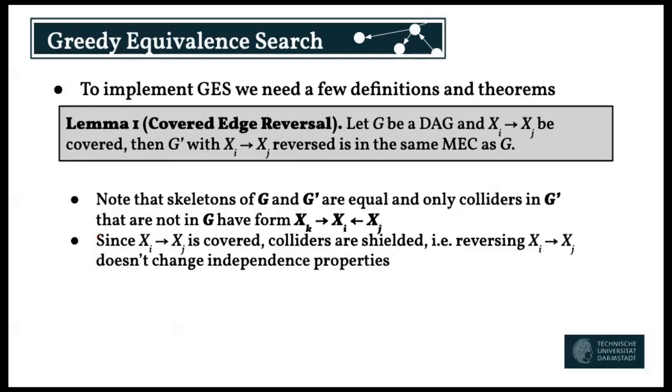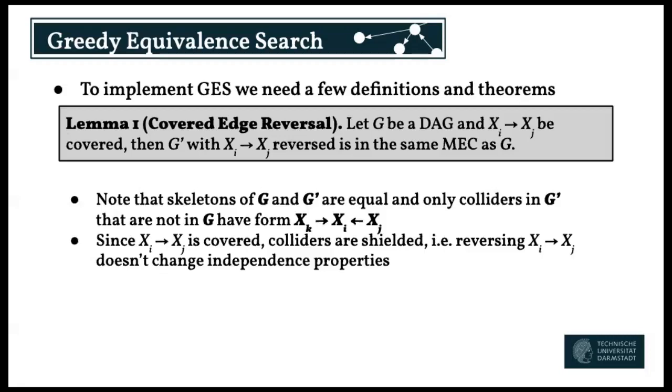Okay, then there's an important lemma that we should keep in mind to understand GES. If you have a DAG G and some covered edge within this graph, then we can reverse this edge and still remain in the same Markov equivalence class.